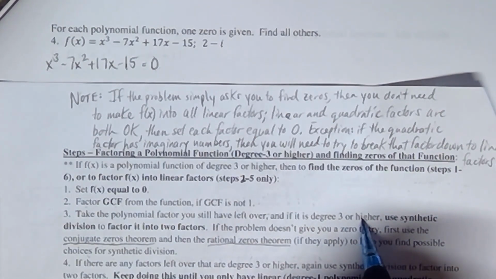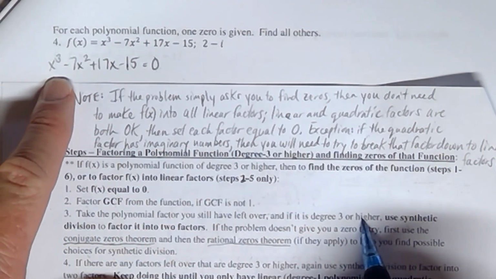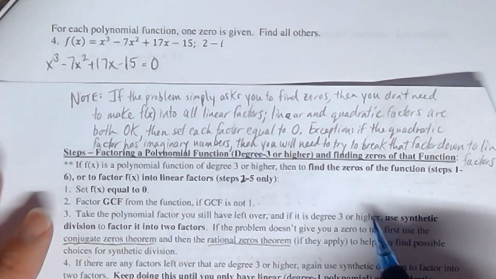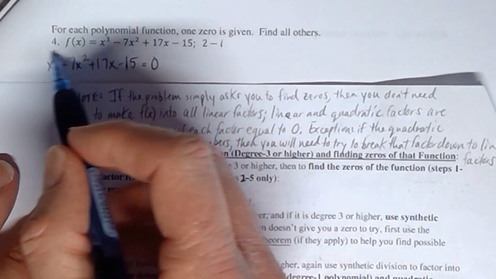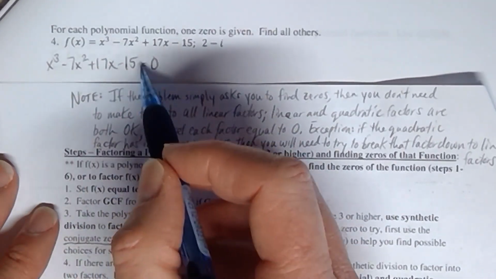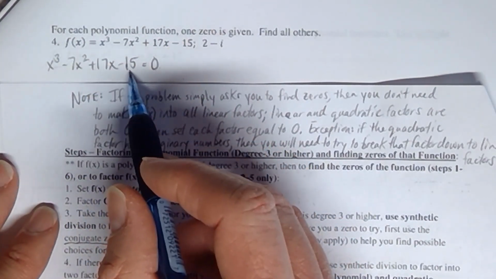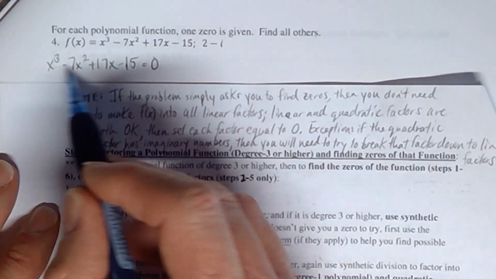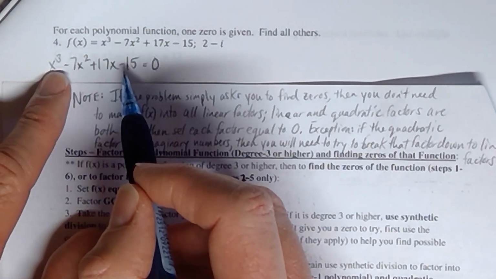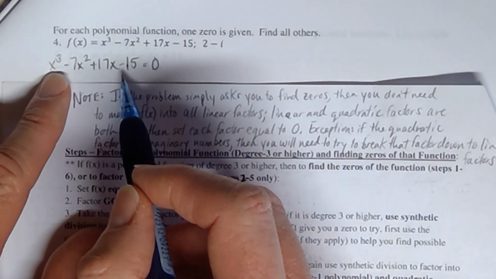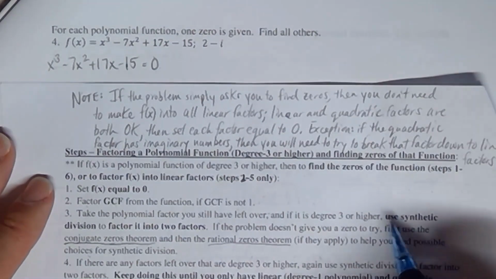If it's degree 3 or higher, which it is, the part that you still have left after you factor out the GCF, or if you don't factor out the GCF, you just look at the whole thing. If it's a degree 3 polynomial, which this is because of the x to the third being the highest exponent, then you follow what it says here.